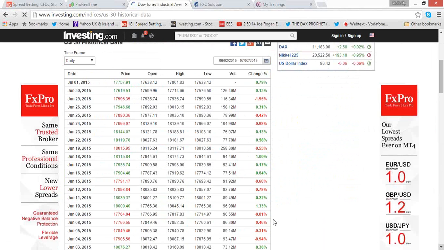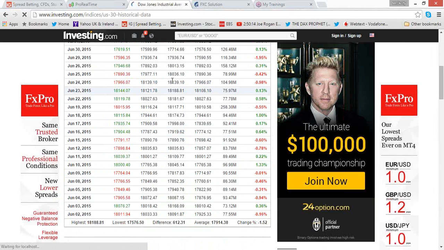So here's our volume. We've got our price, our high, open, low, and close, and we can see our volumes. If you see a volume significantly lower or significantly higher, that can signify a change in direction. Here we have 75.97 million. The next day, 104. So there's higher volume.